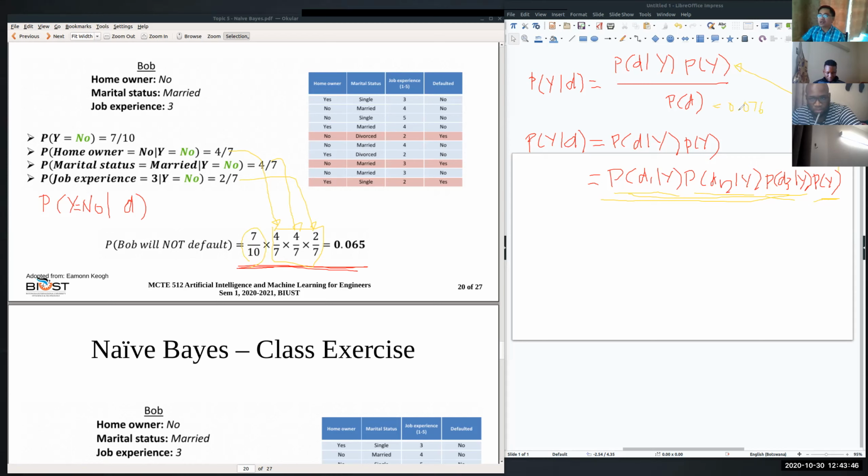Well, because we are looking at two probabilities: the probability of Bob being a no, he will not default given his attributes, and the probability of a yes, he will default given the attributes. So if we do that, you are just doing the numerator and the denominator is the same.